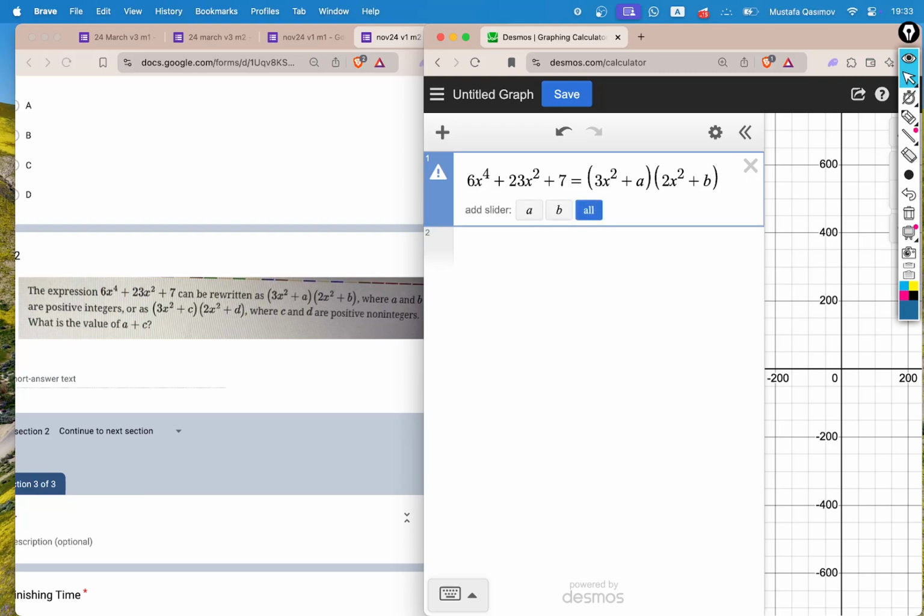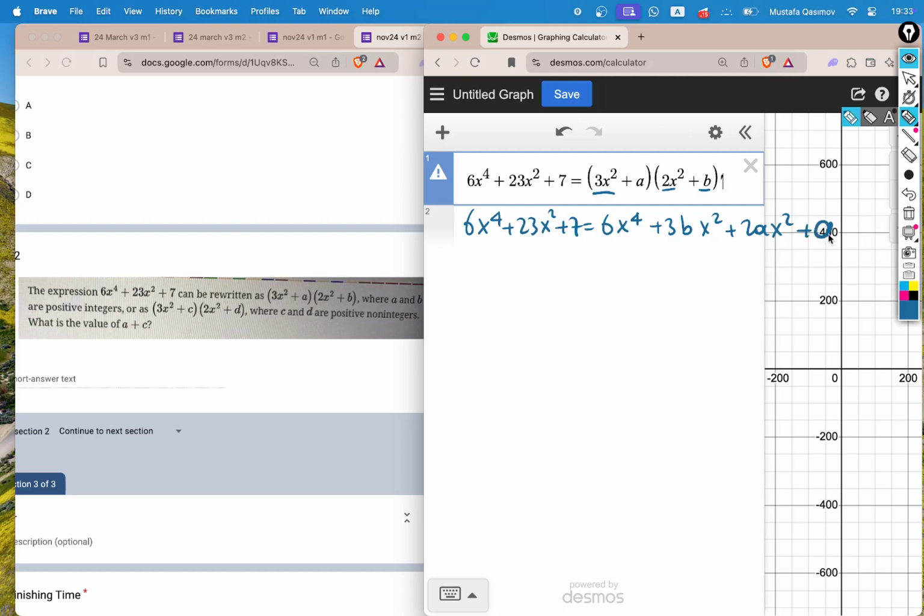So if they are same, if we open it, they have to be equal to each other. So we can think of it like this. That one will be 6x^4. This one will be 3bx square. A multiplied by 2x square will be 2ax square plus ab.